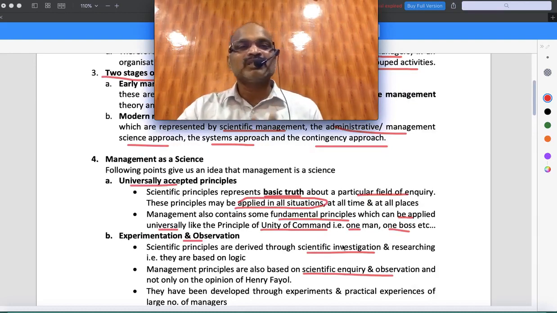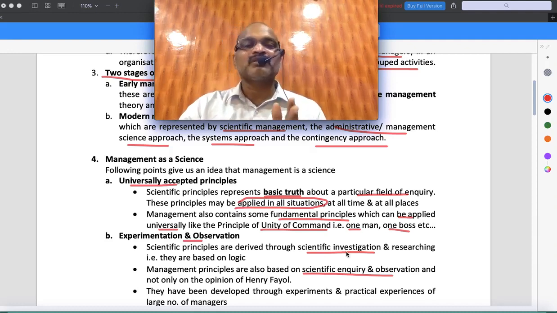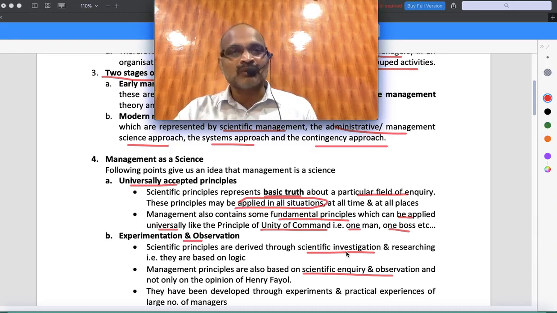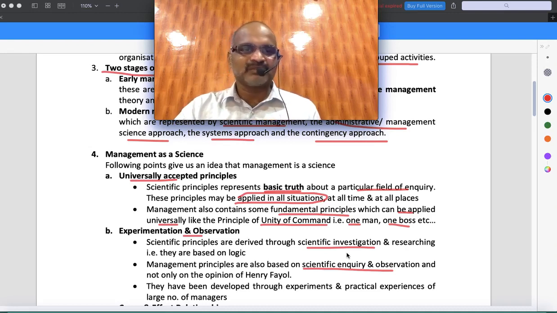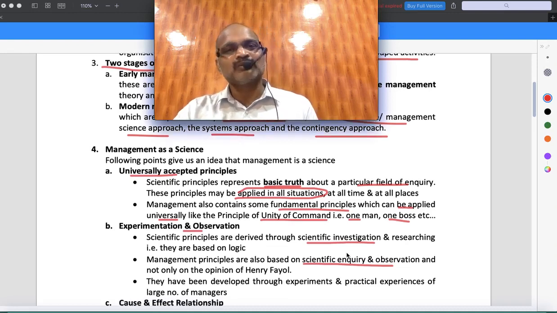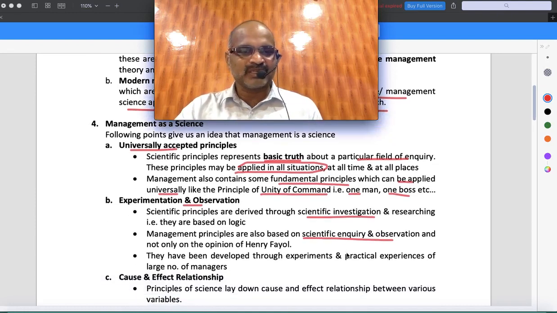First characteristic: just like scientific principles are accepted universally everywhere, some of the management principles are also applicable everywhere. Next, just like science has experimentation and observation, management principles are also meant for observation and experimentation.